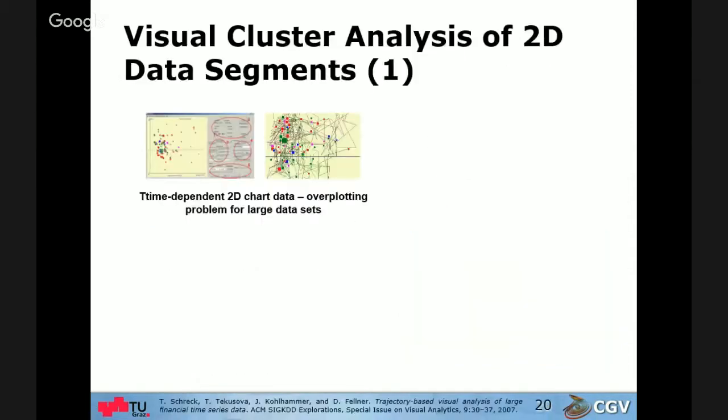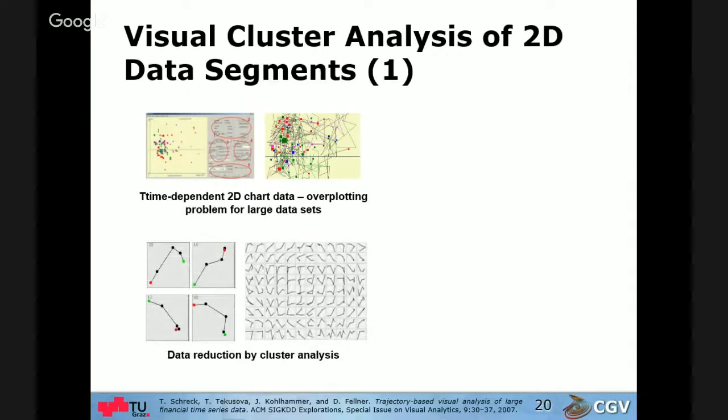And if we draw trajectories, if we basically map the path that each of these points takes through the diagram space, we quite quickly end up with such cluttered hairball-like displays where there is a lot of overplotting of trajectories. So the question is, how can we reduce this amount of data which we get when considering animated scatterplot data?